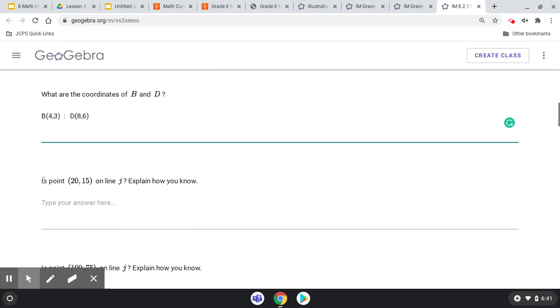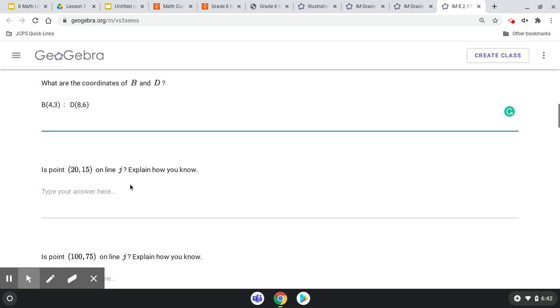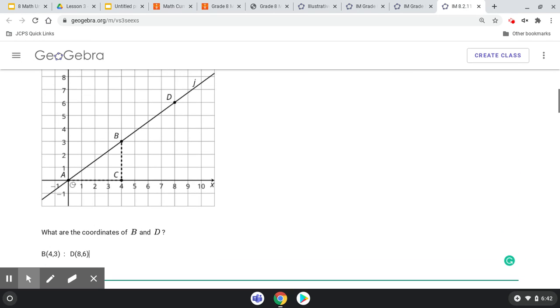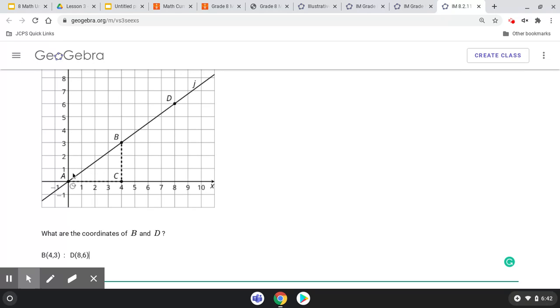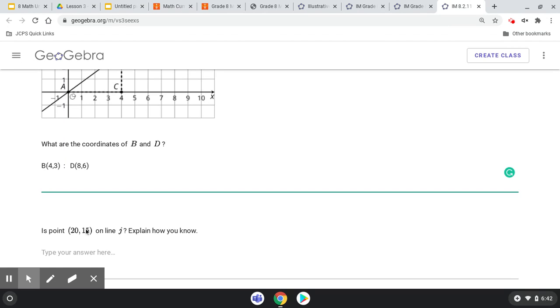Now, we're going to look here. It says for the second one, is point 20, 15 on line J? Explain how you know. So what we have to look at here is, if you were to find 20, 15, your X is 20, your Y is 15.